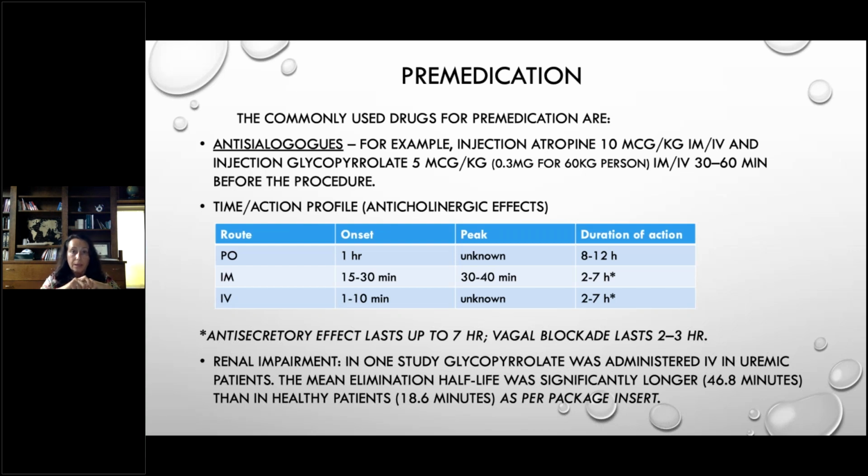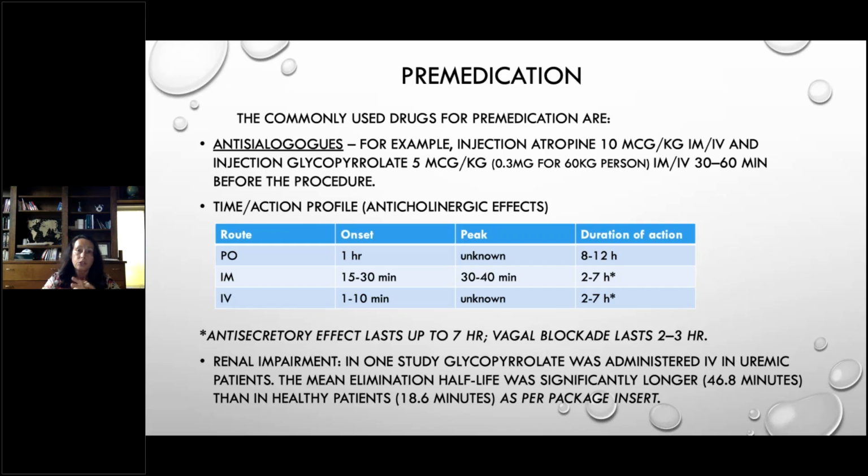The duration of action, unfortunately, is quite long. It can last anywhere between 2 to 7 hours, especially in those patients who have some kind of a renal impairment, since they are removed by the kidneys. So if the glycopyrrolate is administered to the patients with the uremic symptoms, then their duration of action can be markedly prolonged.